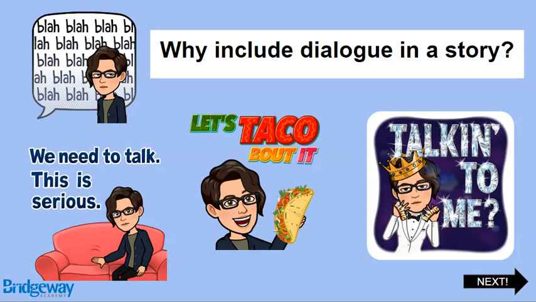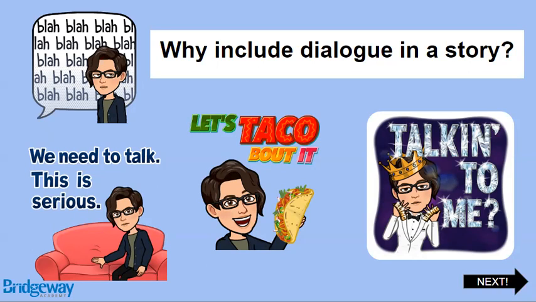The other important thing with dialogue is author's choice to emphasize something important in the plot. So if you have an important plot point and you want to highlight it for a reader, you can use dialogue to make sure they notice that. So does your character change their perspective because of talking to somebody, right? Or does your character experience something or want to reflect at any point on their story?